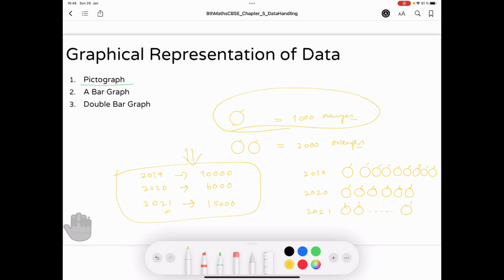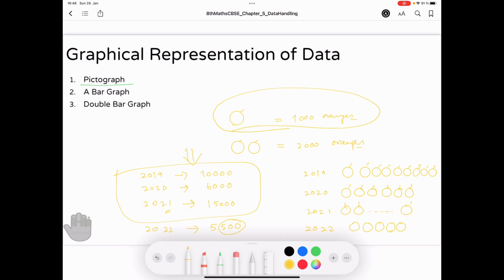Okay, and for example one orange is 1,000 oranges. So for example let's say that in year 2022 we are having 5,500 oranges. Okay, very bad crop, and now we want to represent it. So 5,000 means 1, 2, 3, 4, 5, and we are having 500.